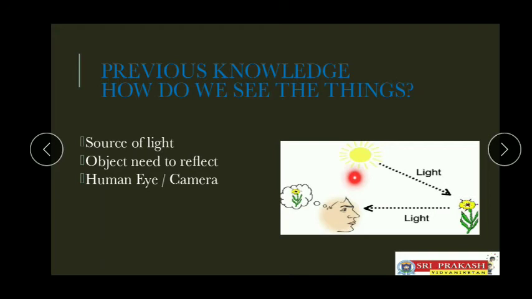The person receives the image and captures it with the help of the eyes. So what is essential? A source of light is essential, reflection from the object is essential, and a human eye needs to capture the image.